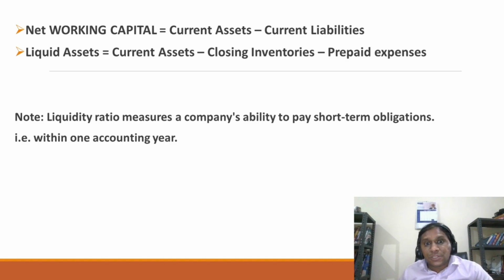That is absolutely the current ratio and the liquid ratio. Please, dear children, don't get confused with the long-term solvency ratios. When we study solvency ratios, we will come to know that solvency ratios indicate long-term solvency, whereas liquidity ratios indicate the short-term solvency of the business.